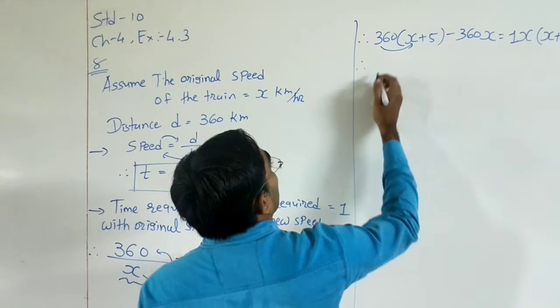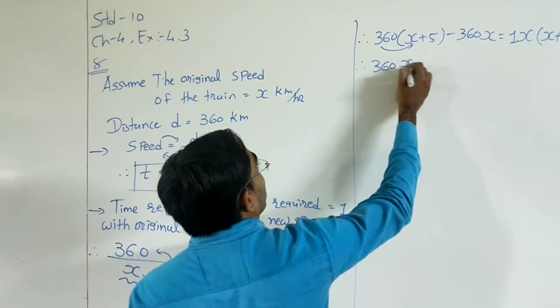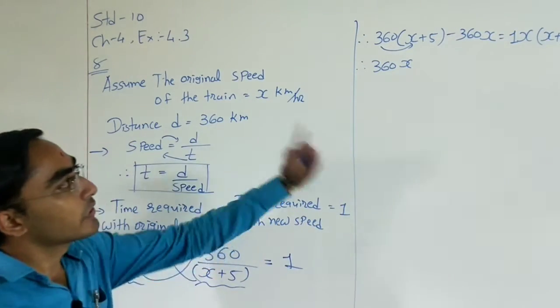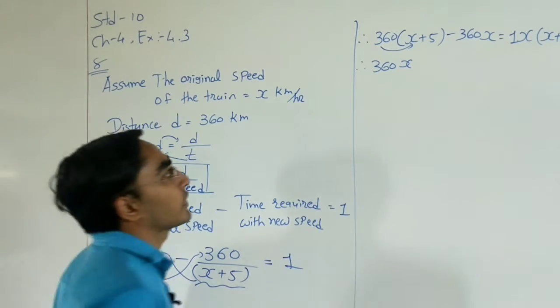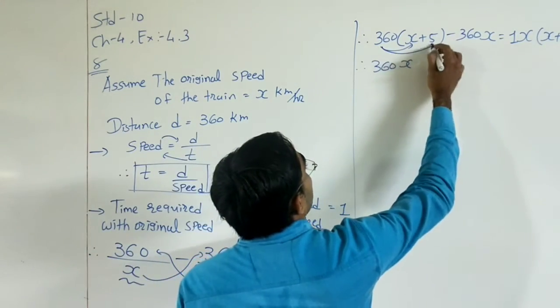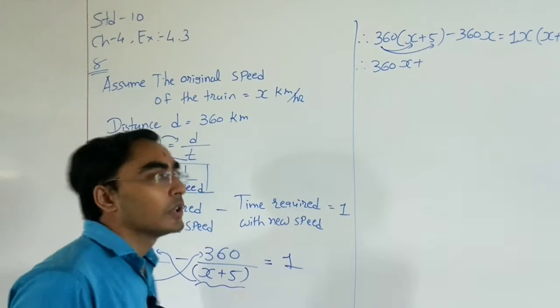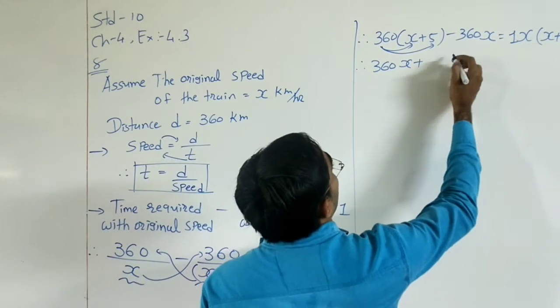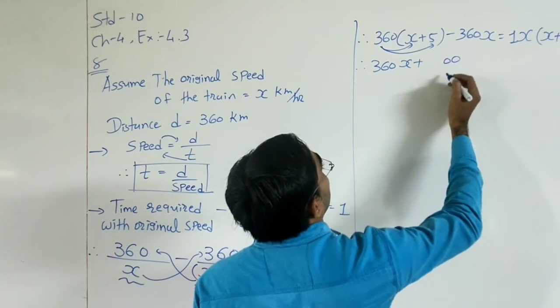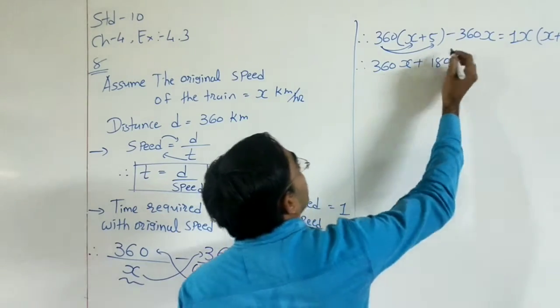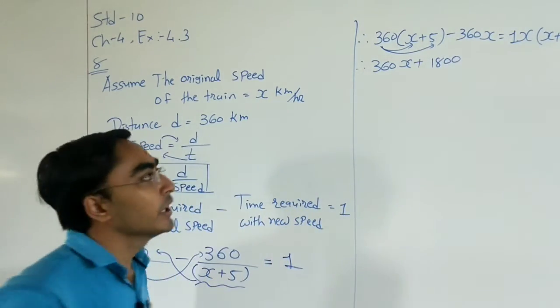Multiply 360 with x, it is 360x. Then 360 multiplied by 5: 6 5s are 30, 5 3s are 15 plus 3 is 18, so 1800.